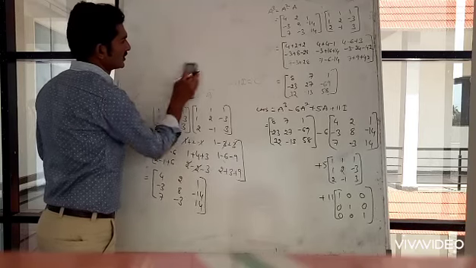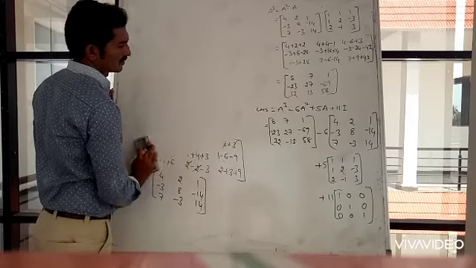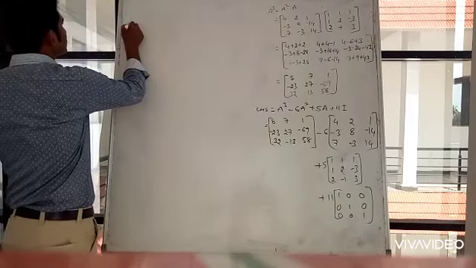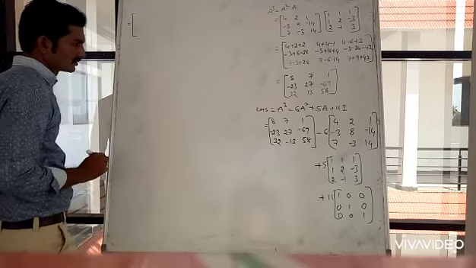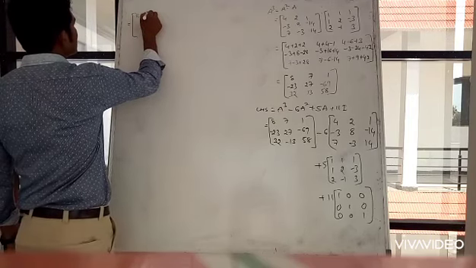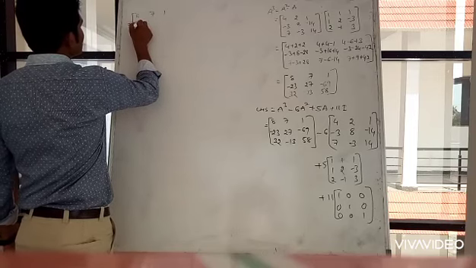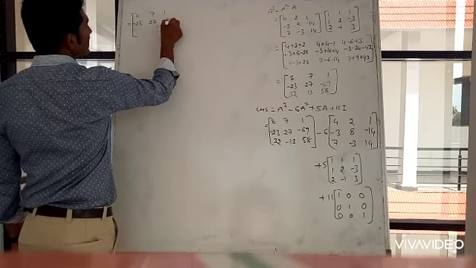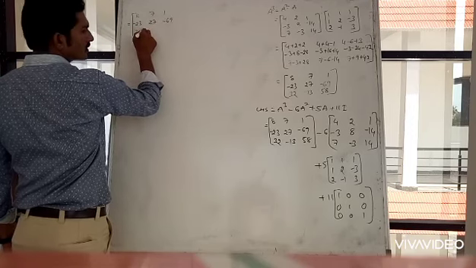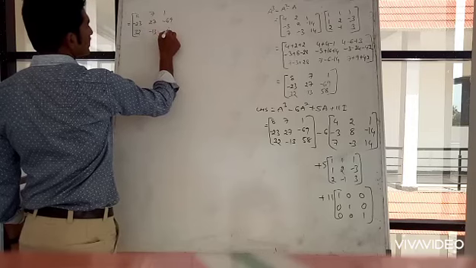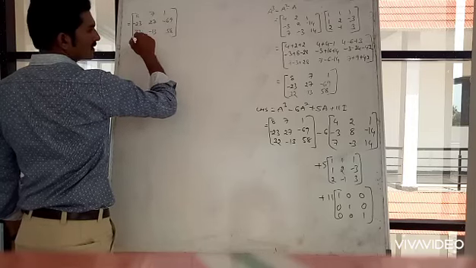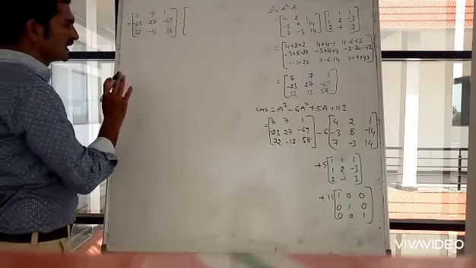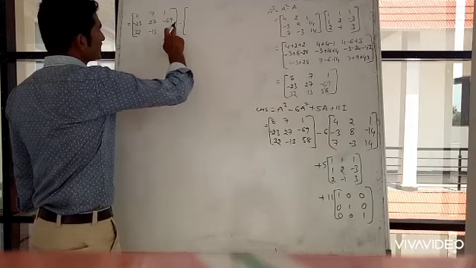Next, simplification. Writing it as it is: 8 7 1, minus 23 plus 27 minus 69, 32 minus 13 plus 58, multiplied by 6. Keep the minus sign as it is, we are not changing that sign.